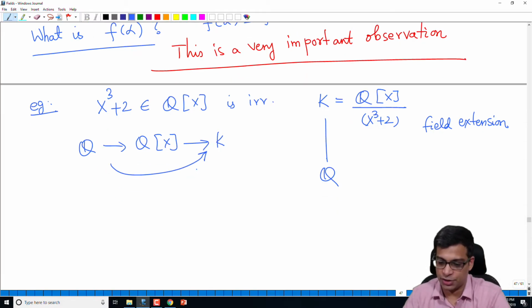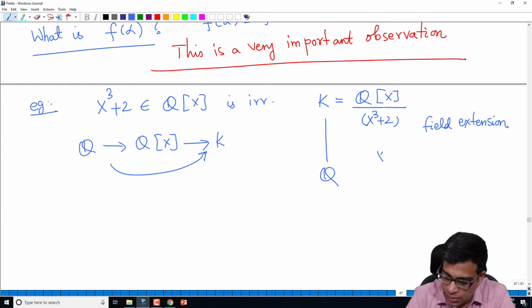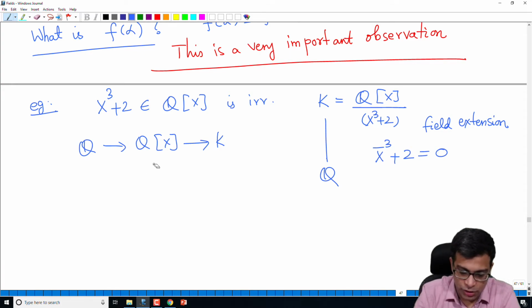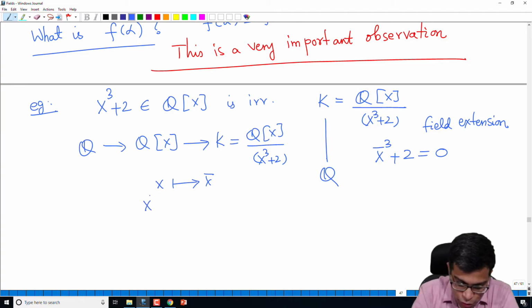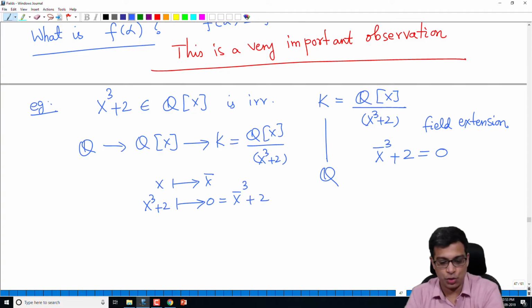So this is a field extension, and x bar here satisfies, right? Because K is Q[x] modulo x cubed plus 2. So that means the image of x here is x bar, but x cubed plus 2 goes to 0, which is x bar cubed plus 2.